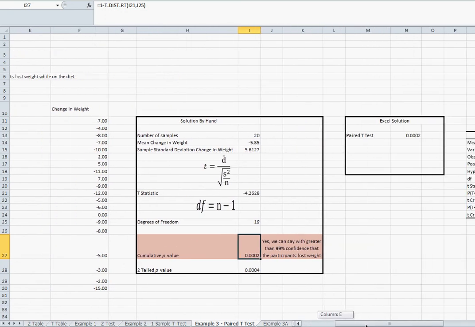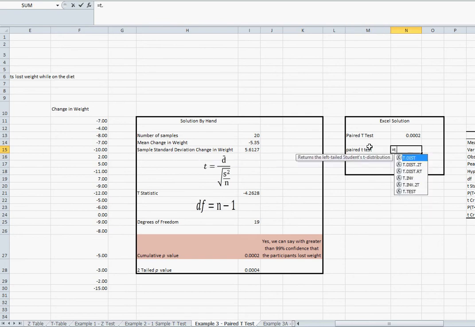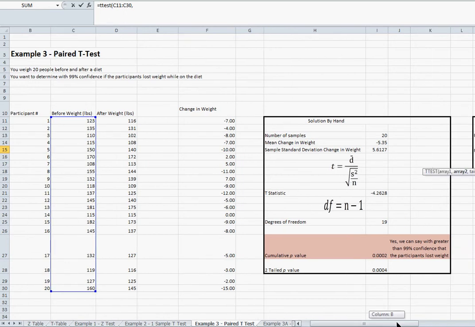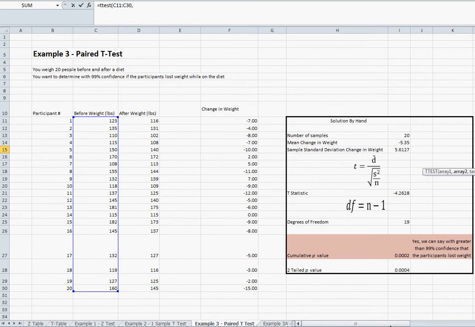If you're doing it in Excel, though, you can do it in a single line. And the function you need for a paired t-test is equals T.TEST. And then we need 4 values. Array 1 is our first set of data. Array 2 is the second set of data.